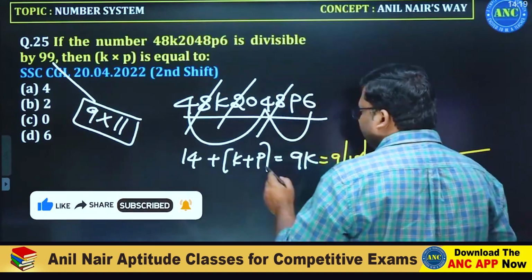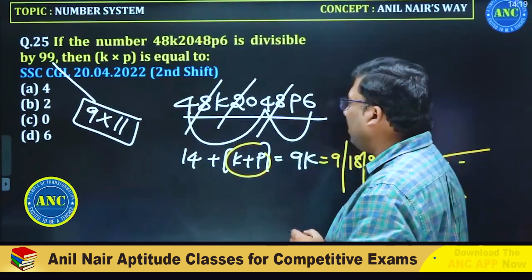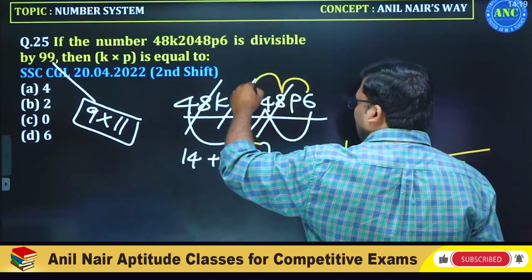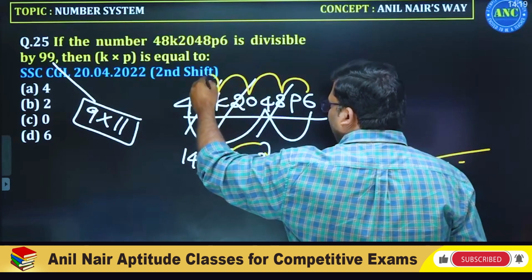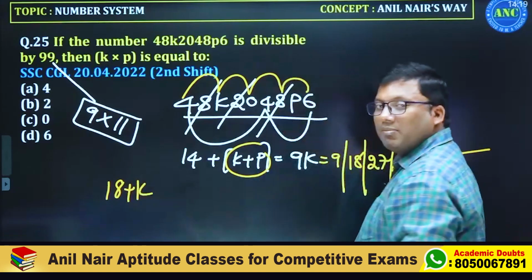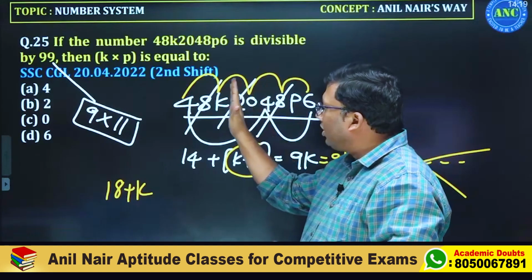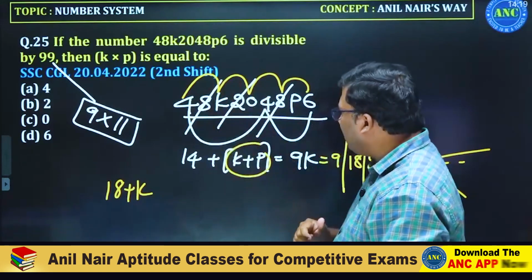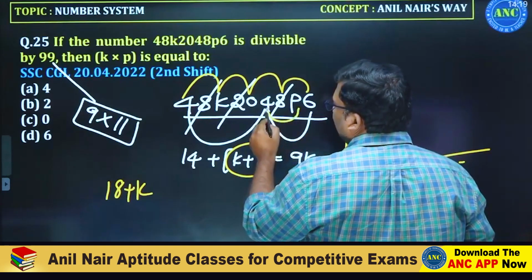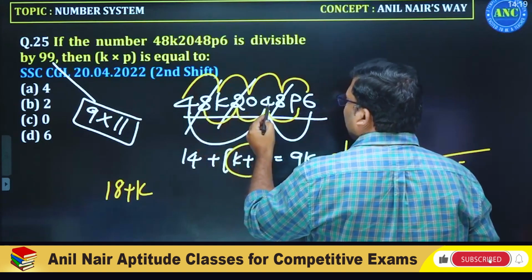So here K plus P. Let us use the divisibility rule of 11. Sum of odd places: 6 plus 8 is 14, 14 plus K plus 4, it is 18 plus K. Sum of even places: 4 plus P plus 2 plus 8. 8 plus 2 is 10, 10 plus 4 is 14.